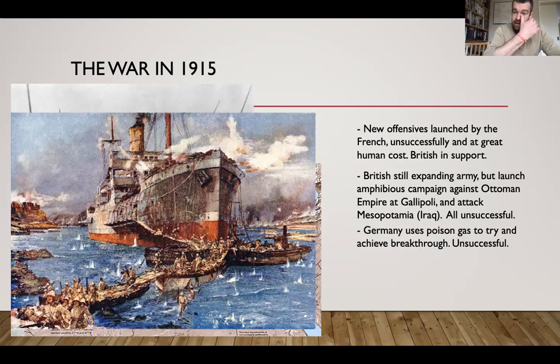The 1915 campaign in Mesopotamia wasn't too bad, but they overstretched themselves and ended up in real trouble, and ended up fighting against the Bulgarians in Greece and Macedonia as well, to try and poke a hole somewhere, and none of that really working.